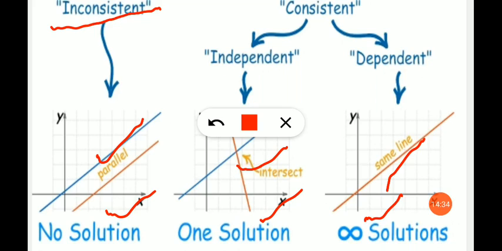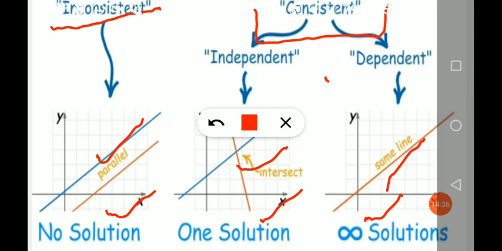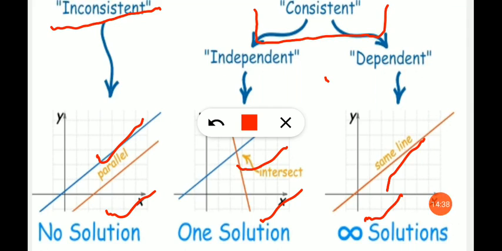Or if the solution exists, if we are able to find the solution, then we can say that the pair of lines or equations is consistent. Got it? Sometimes we have one solution, or sometimes we have infinite solutions.